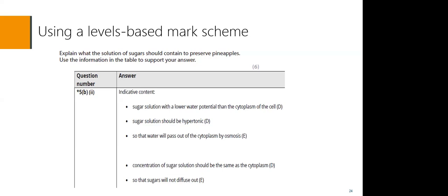The sugar solution should be hypertonic, so that water will pass out of the cytoplasm by osmosis. Concentration of the sugar solution should be the same as the cytoplasm, so that sugars will not diffuse out. And the D's and the E's refer to description and explanation.